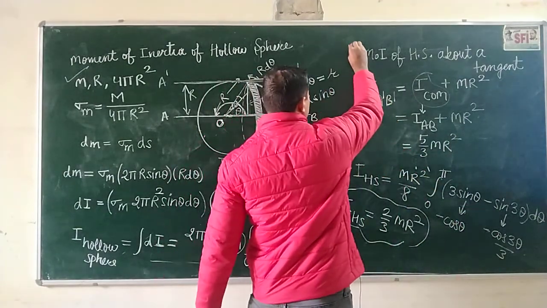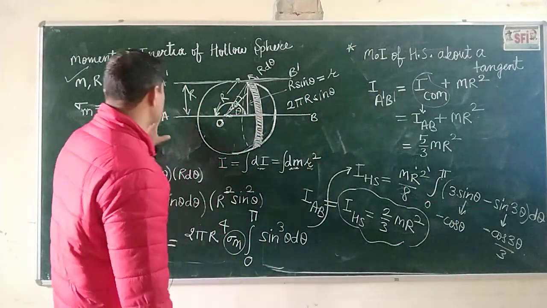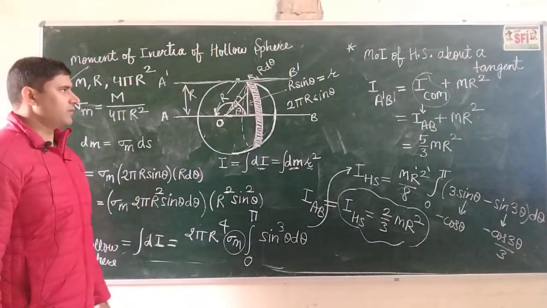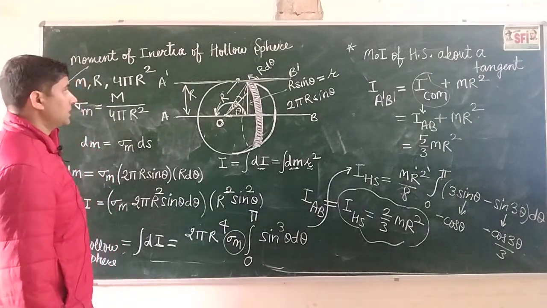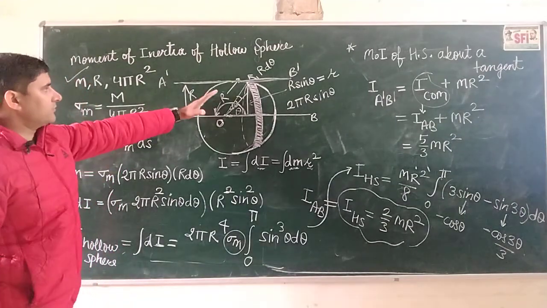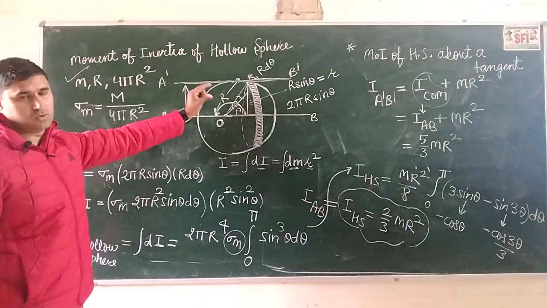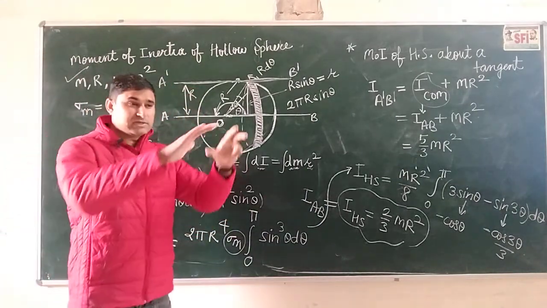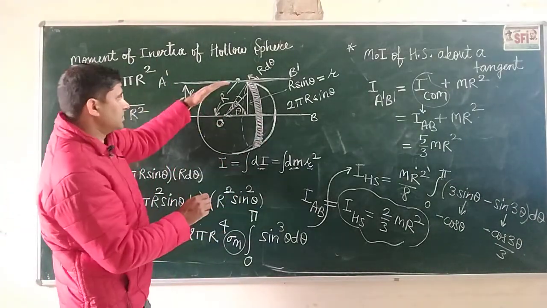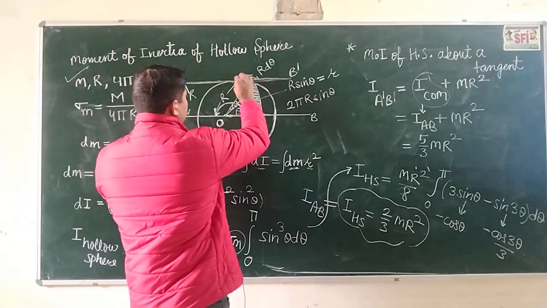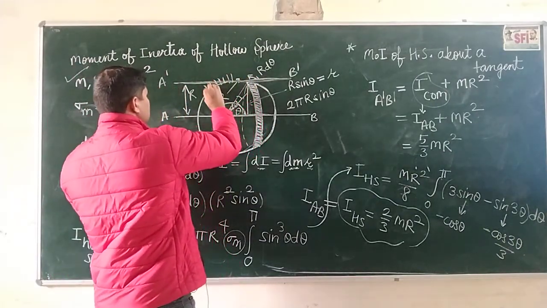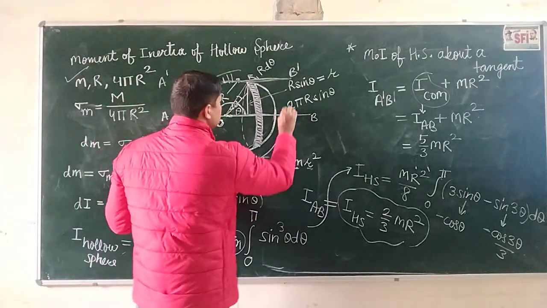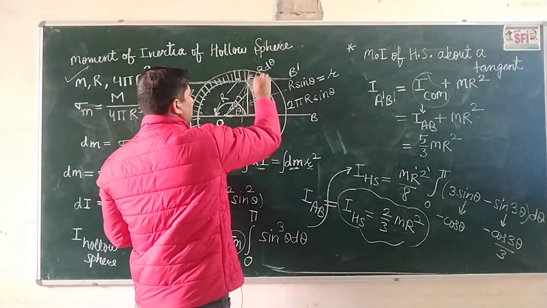So this is another subtopic of this topic. One more thing you can do here is find the moment of inertia of a hollow sphere with thickness. Here we have taken the thickness very small. We have assumed that the mass of the hollow sphere is just distributed over the surface. If we consider that this is of some definite thickness, you can assume it like this, this is a shell.